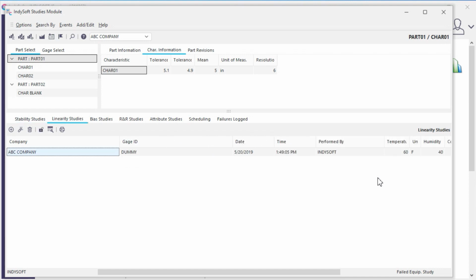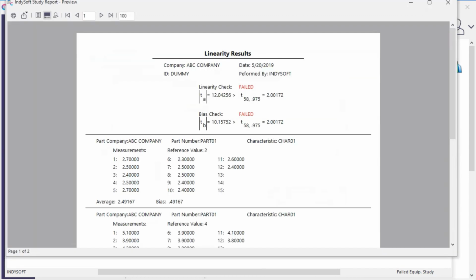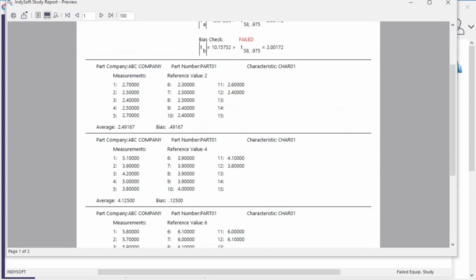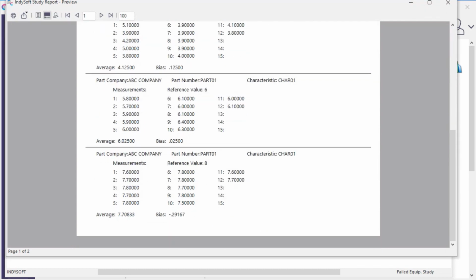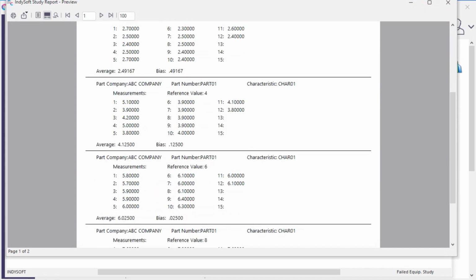Linearity studies are a measure of the bias across the reading range of the instrument. In our report, you can see that we've got measurements of 4, 6, and 8.